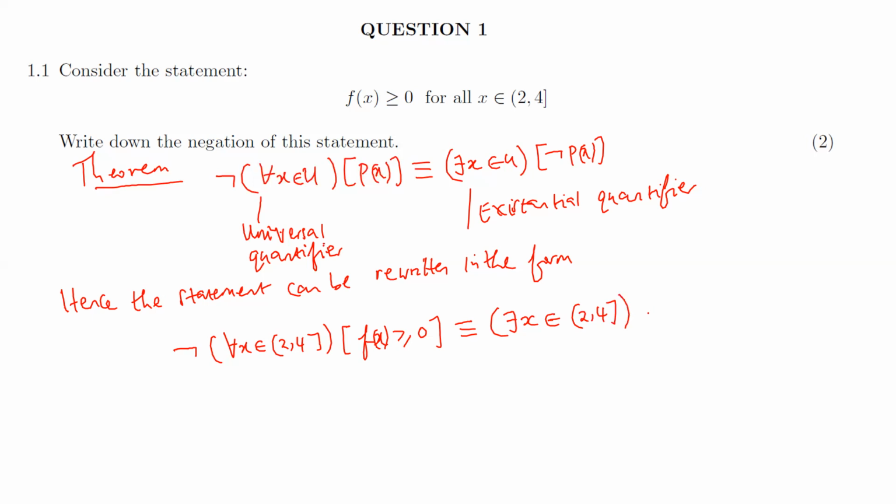And then we negate f of x greater or equal to 0. So the negation of that is that f of x is not greater or equal to 0.